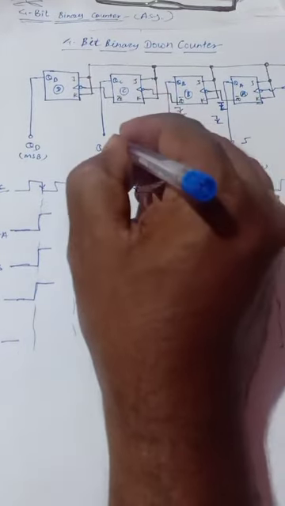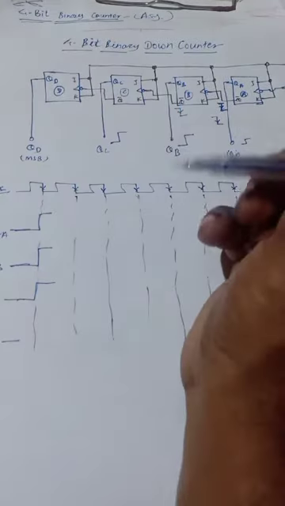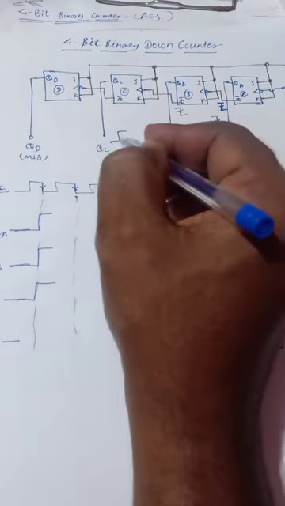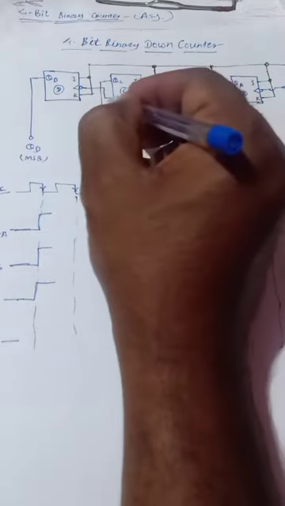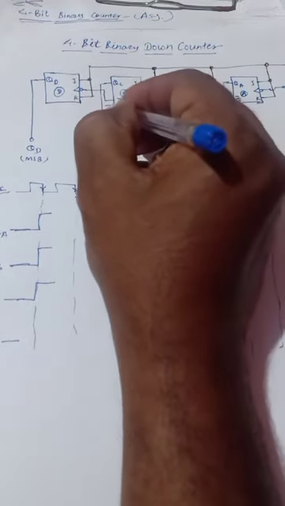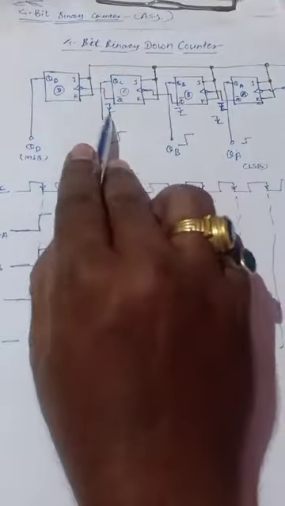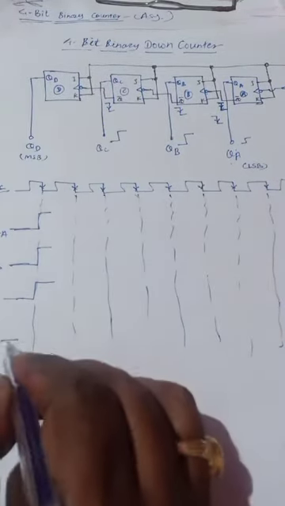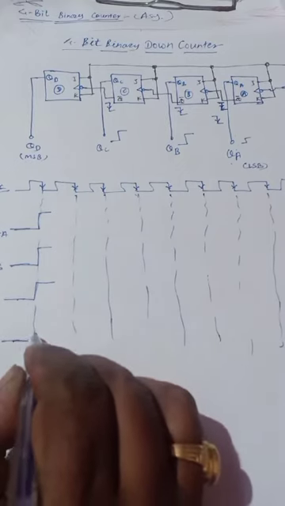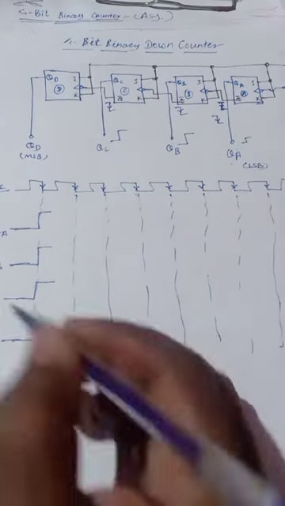So this JK flip-flop toggles and QC changes. As this change is a positive change, Q bar is opposite, so it has a negative change. This negative change is applied to this JK flip-flop and it also toggles.